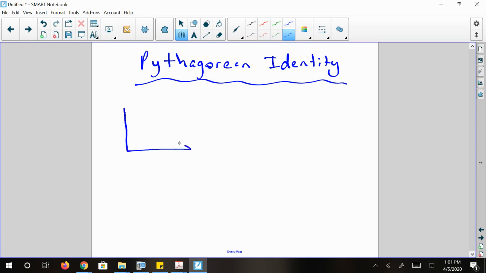If I have a right triangle and I call this angle theta, and I'm labeling the sides, this would be the opposite side, this would be the adjacent side, and this would be the hypotenuse. Using the Pythagorean theorem, it would look like this: O squared plus A squared equals the hypotenuse squared.